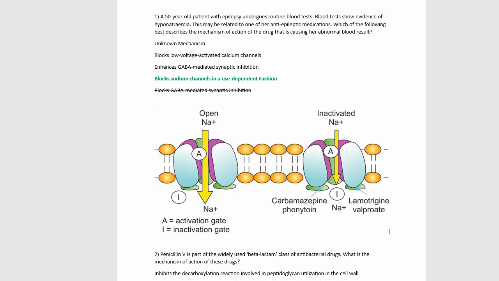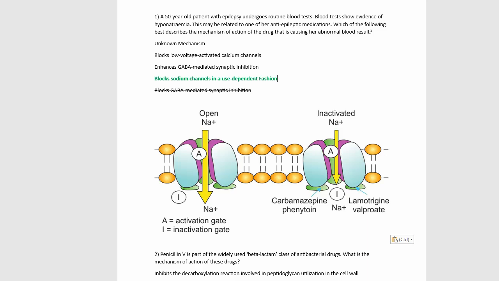Okay, so these are the sodium channels. And as you can see here, we mentioned before, carbamazepine and valproate bind to these sodium channels and block sodium from going through them. In the context of this particular question, just because I have had a little look at the mark scheme, it is referring specifically to the drug carbamazepine.